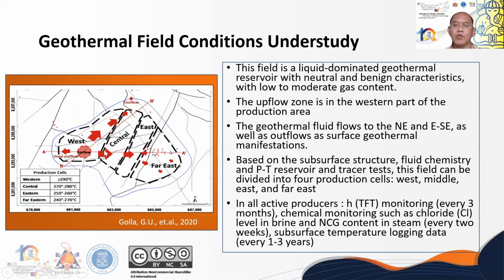The reservoir flows to the northeast, to the east and southeast, appearing at the surface as surface manifestations. Based on the subsurface structure, fluid chemistry, PT reservoir, and the tracer test, this field can be divided into 4 production cells: west, central, east, and far east.